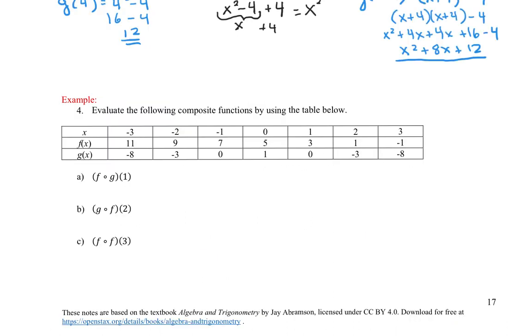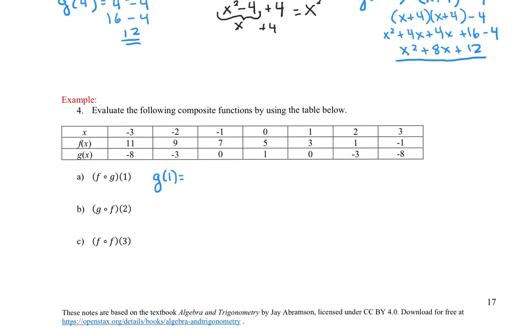For number 4, we're asked to find the composition of functions using tables. If you notice, we have f, and then we have g, and then we have various numbers for x in the top row. Let's take a look at letter A, f of g of 1. That means we have to figure out what g of 1 is first, and then we're going to plug it into f second.